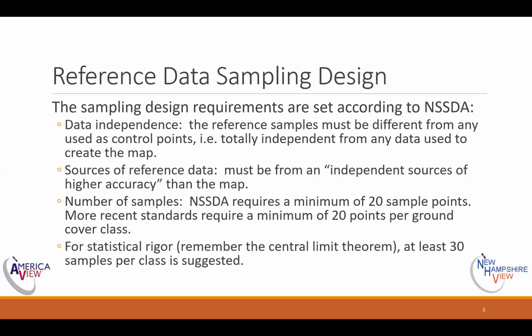And really, if you think about it from a statistically rigorous situation, remembering the central limit theorem, it'd be great to have 30 samples per map class. Okay. You'll see that there are a number of studies that have been done where they have 4 or 10 sample points that they use, and they come up with an analysis based on that. And that's simply not sufficient. So please make sure you understand what's going on here with the sample design.